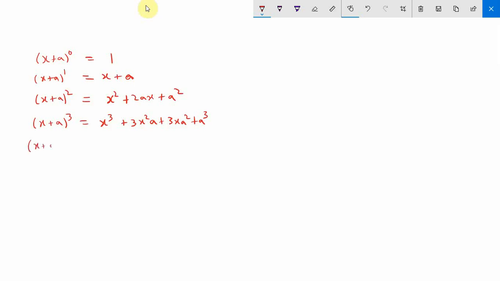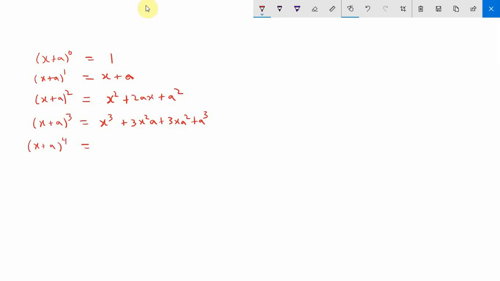Then x plus a to the power 4. So what we can do, we can multiply x plus a whole square twice. So x plus a whole square into x plus a whole square.